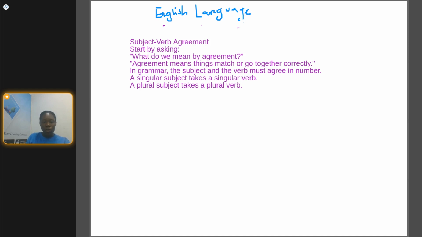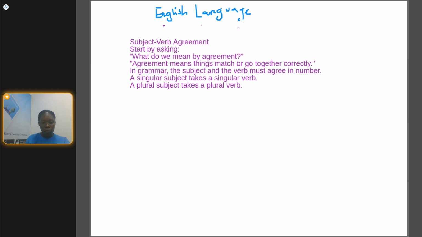We're going to be looking at examples so we can understand better what we mean. There are rules that we follow under subject verb agreement, or under agreement in grammar generally.